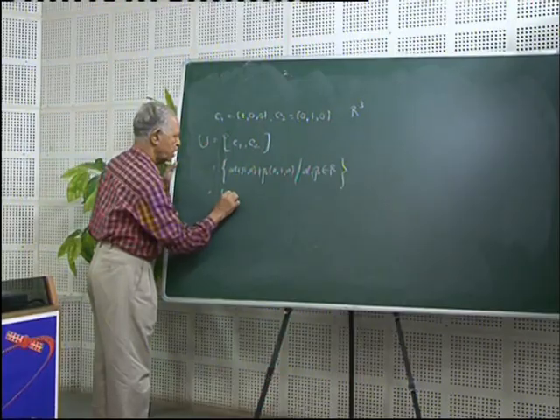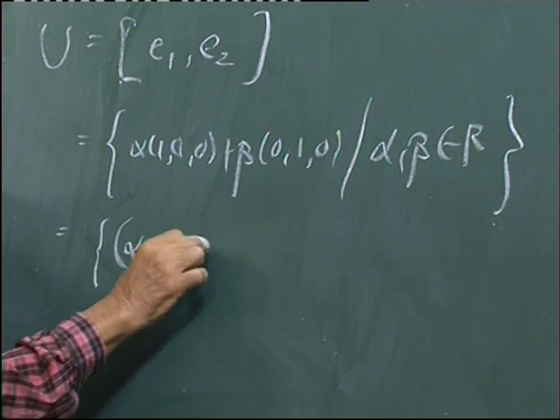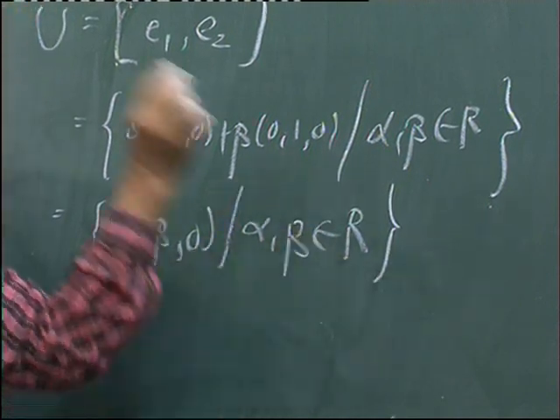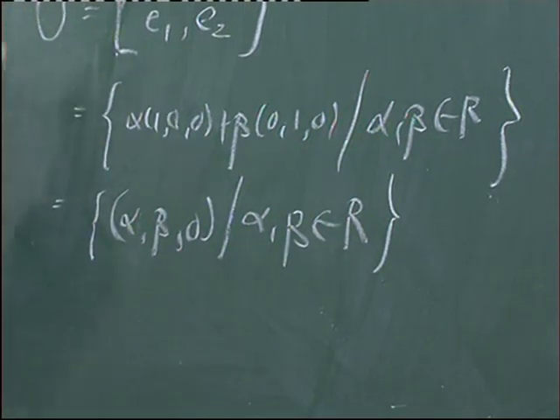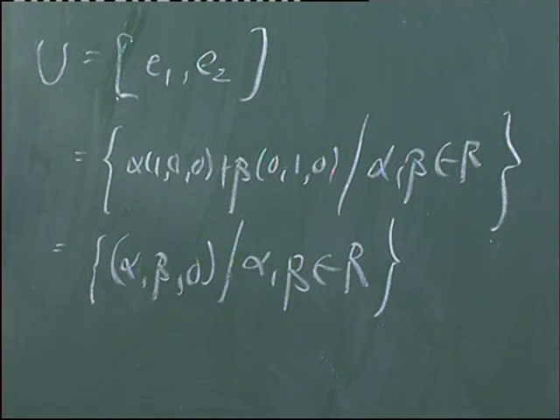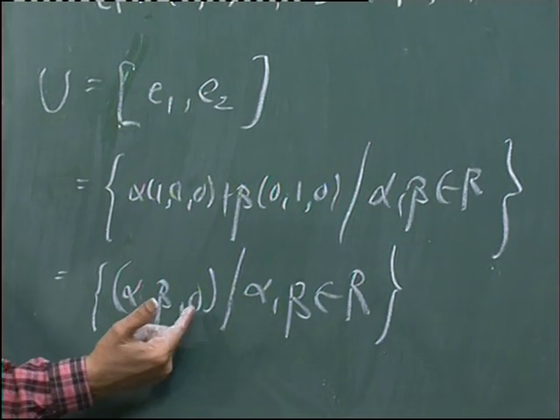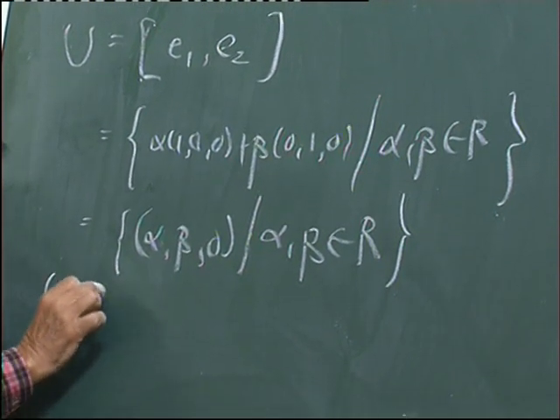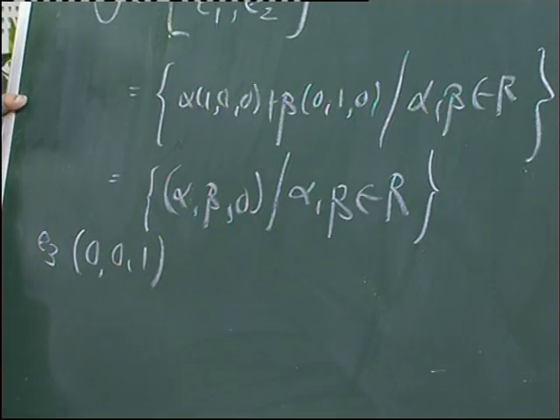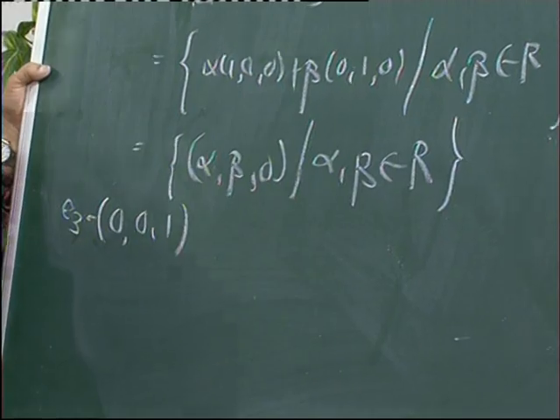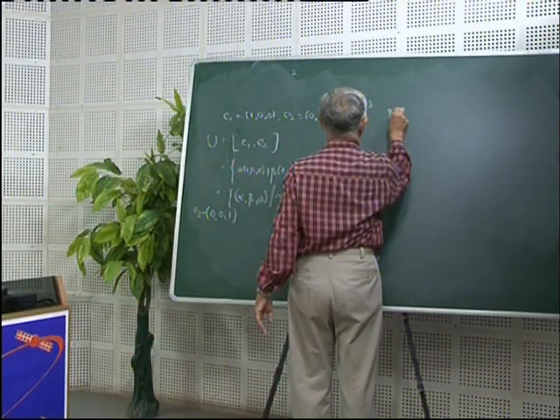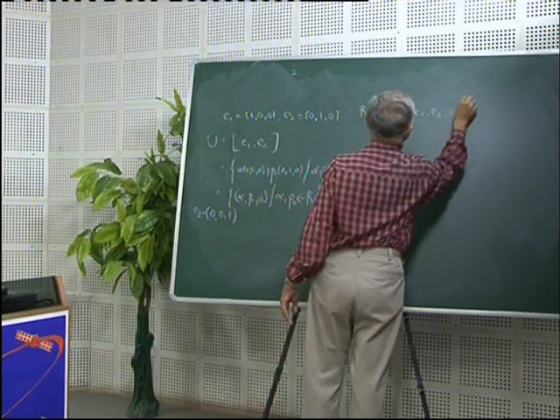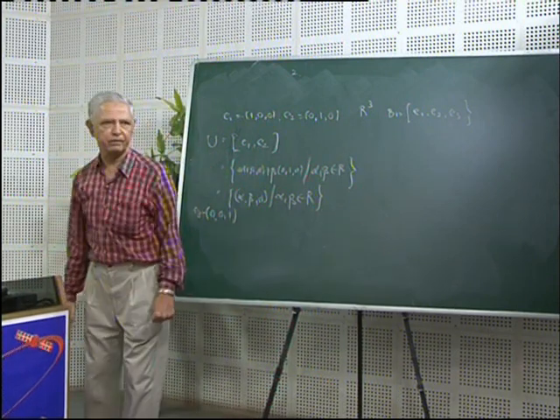This is equal to alpha beta 0, alpha beta belonging to R. Now, we have to find a vector which does not belong to U, and one obvious vector is 0 0 1, that means E3, and so one basis we get is B1 equal to E1 E2 E3, the standard basis of R3.